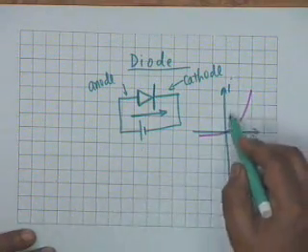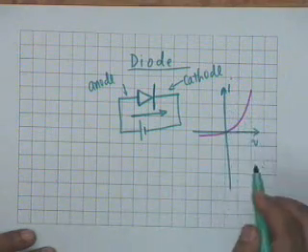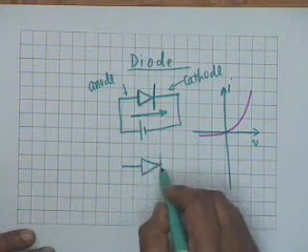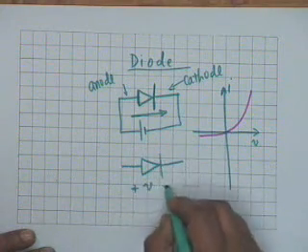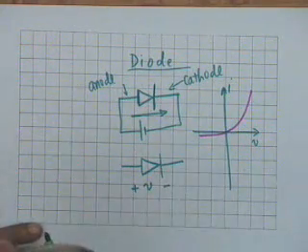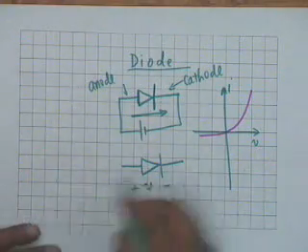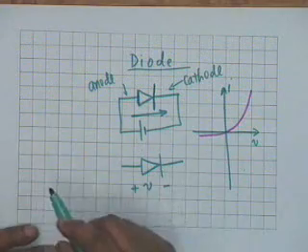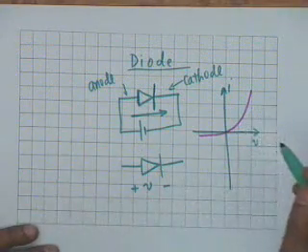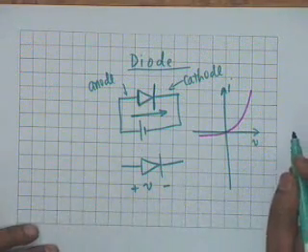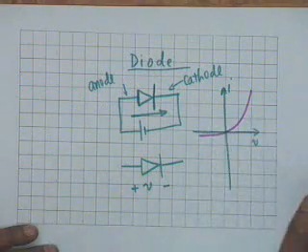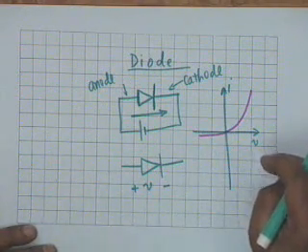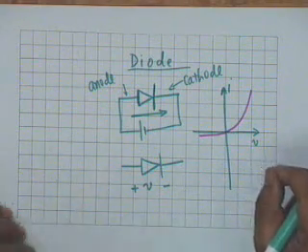The current flows easily if V is positive, whereas the current flows with a lot of reluctance if V is negative. This current, when V is negative, is negligibly small. In fact, the forward current could be of the order of a milliamp and the reverse current could be as small as a nanoamp. Nanoamp is 10 to the minus 9 amperes.